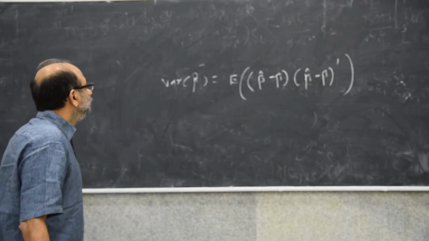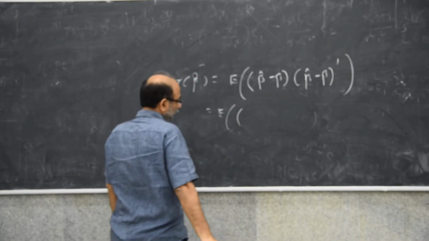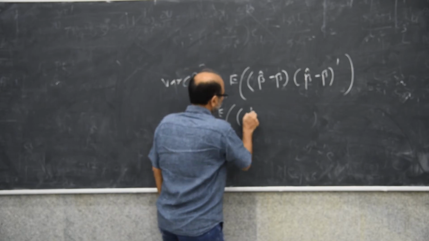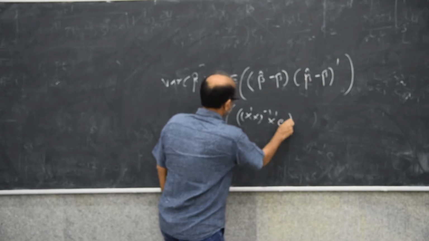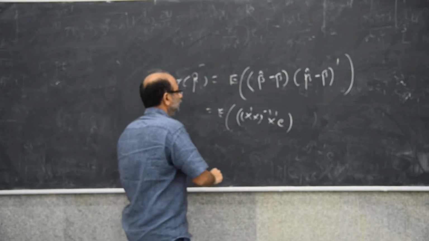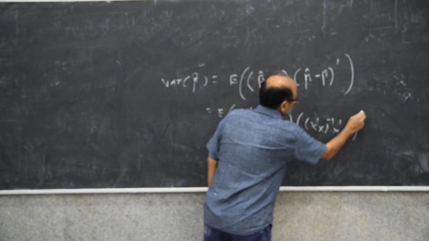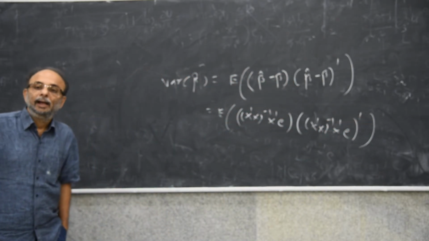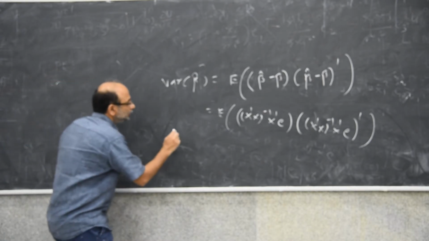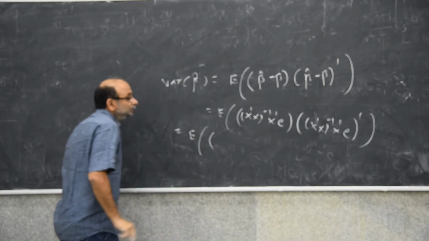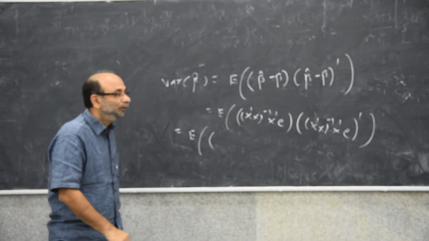This is the expectation of x dash x inverse x dash e into x dash x inverse x dash e transpose. Now this must be child's play for you. You must all know this very well because we have done this so many times.